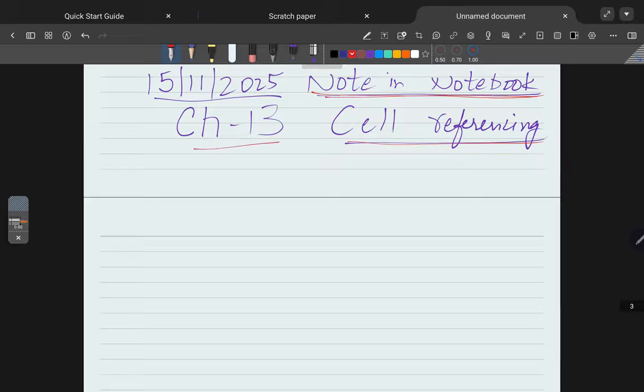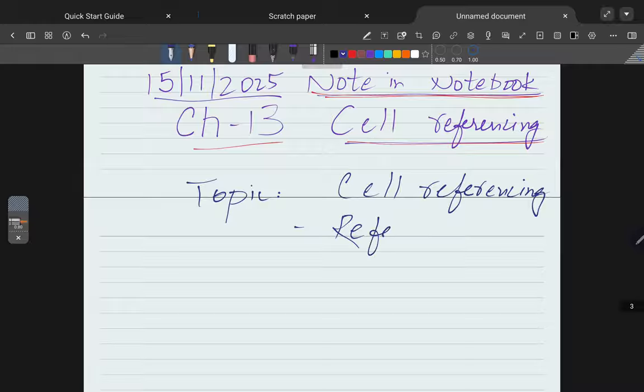Chapter name and number. After that, what are the important points we have referred to? Today's topic we have covered is cell referencing. What is referencing? I hope it is clear to you. Then after that, three types of referencing.